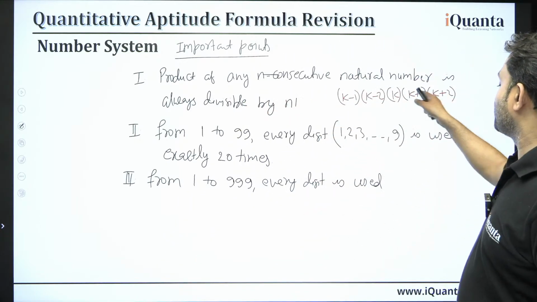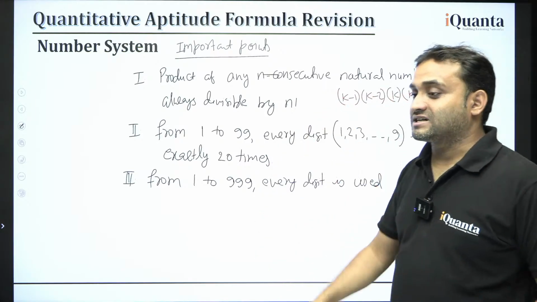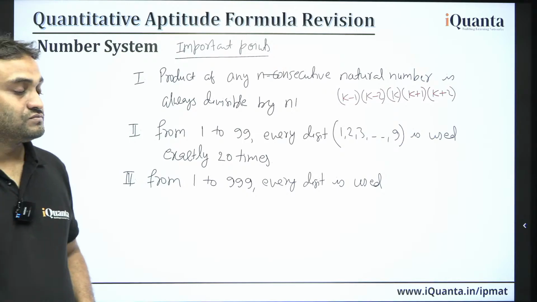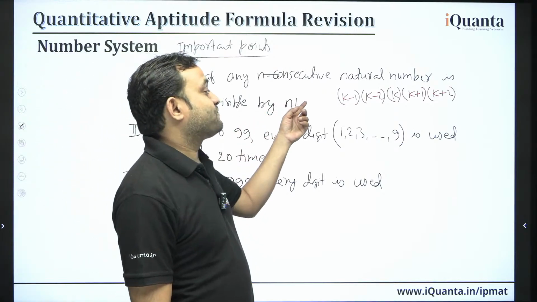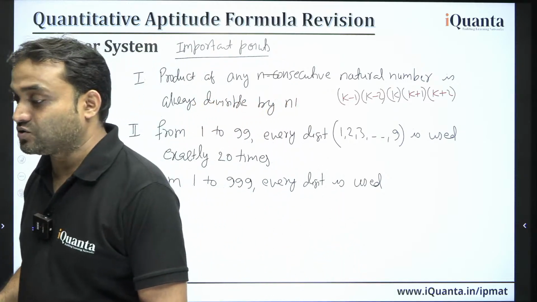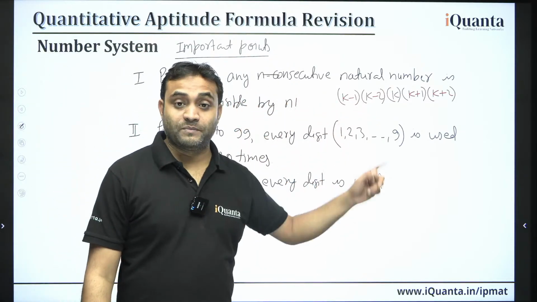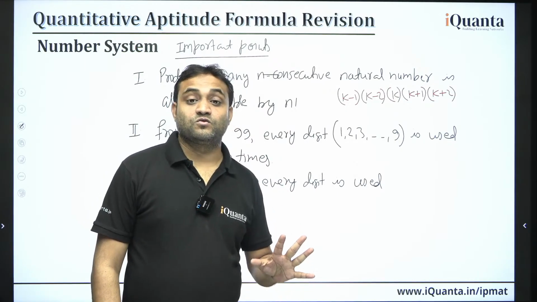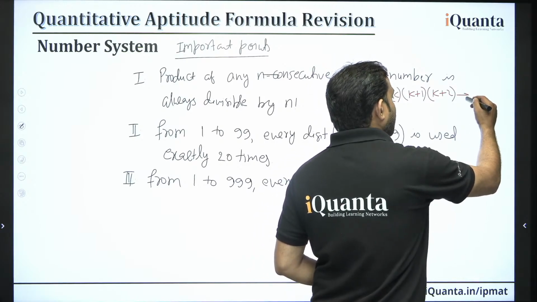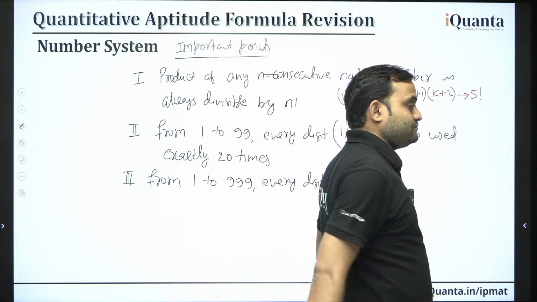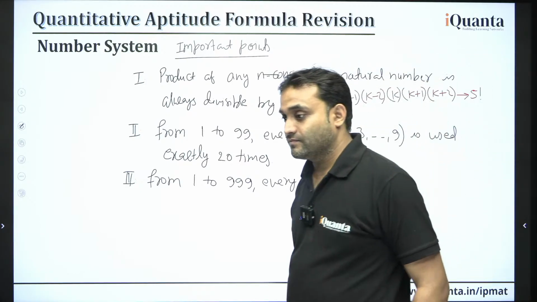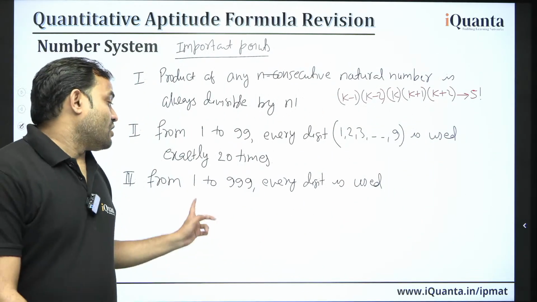So these are 5 consecutive integers, right? k minus 2, k minus 1, k plus 1, k plus 2. This will always be divisible by 5 factorial, which is 120. Getting my point? समझ गए बात को?